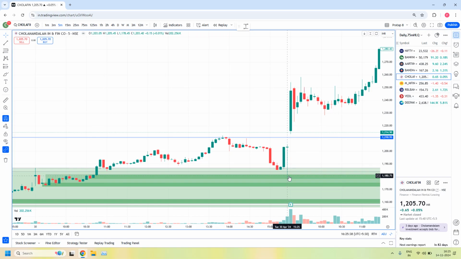The body is not coming out of the zone. If the body is not coming out of the zone, it won't be qualified as a leg out. Now what happened? It almost came to the distal line. Definitely in this area, institutions might have added a huge order flow, a fresh order flow.